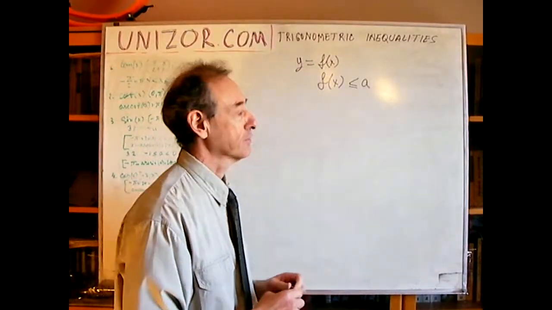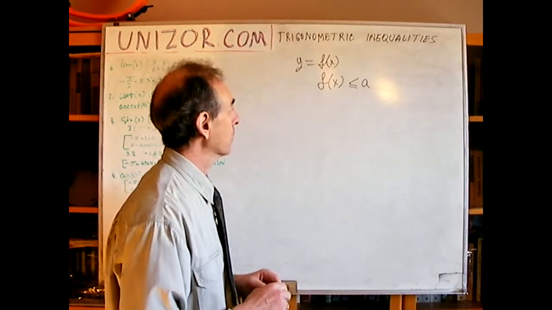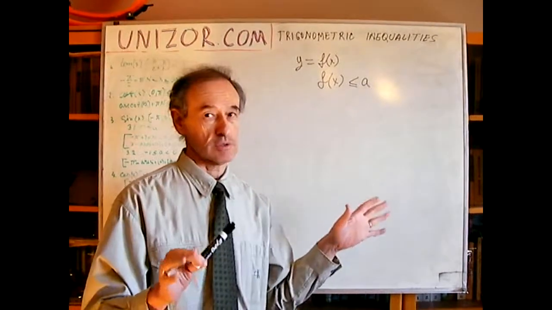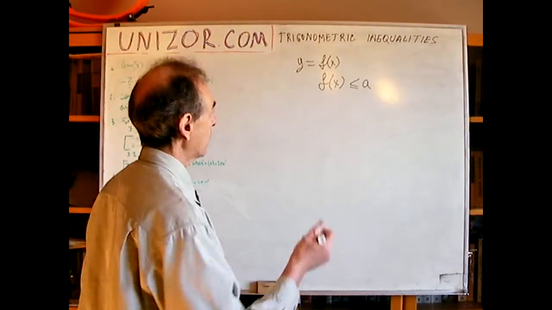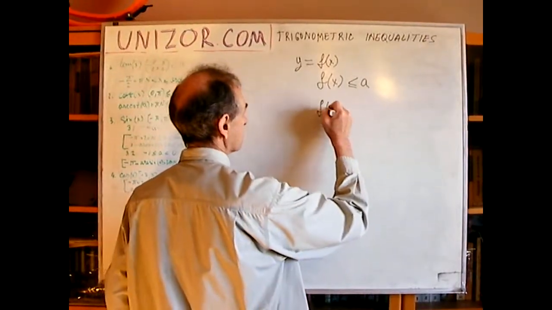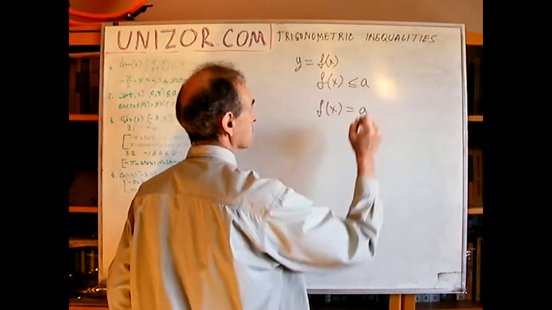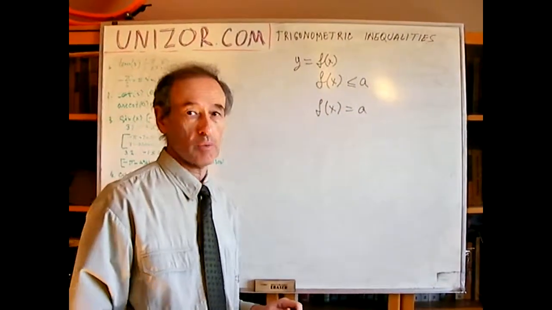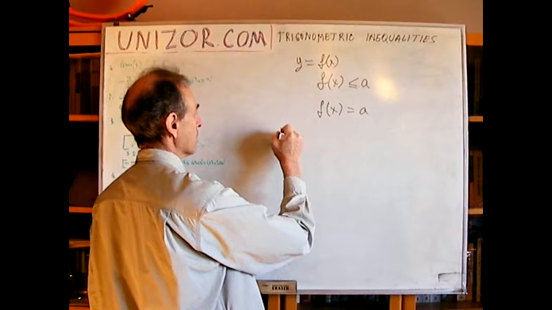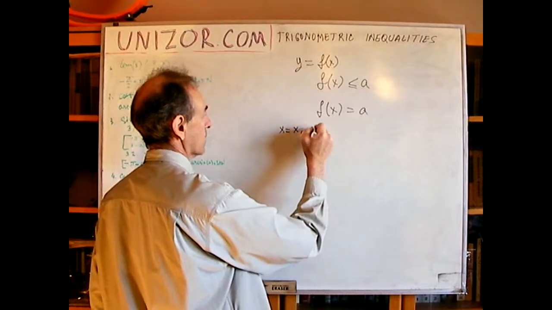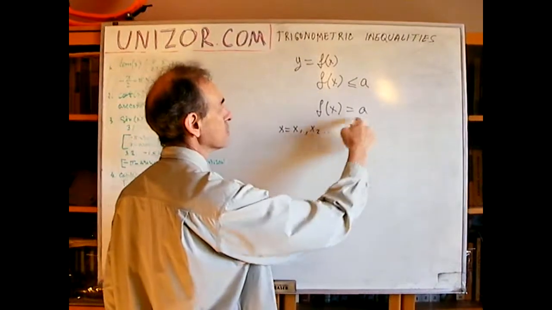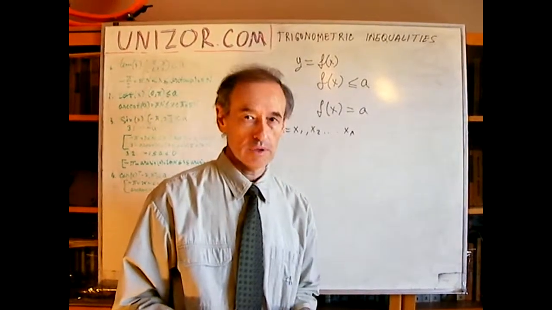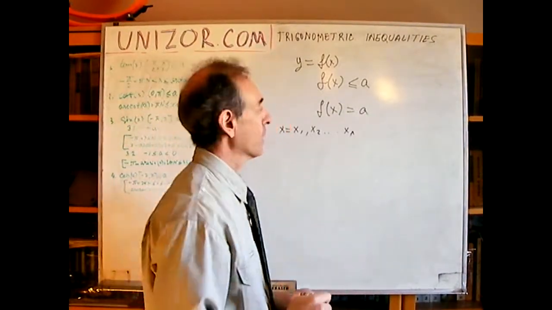Well, we will deal with smooth, continuous functions. So if I have the points which are solutions to this particular equation, let's say the points are x1, x2, etc., xn. So there are n solutions to this particular equation.